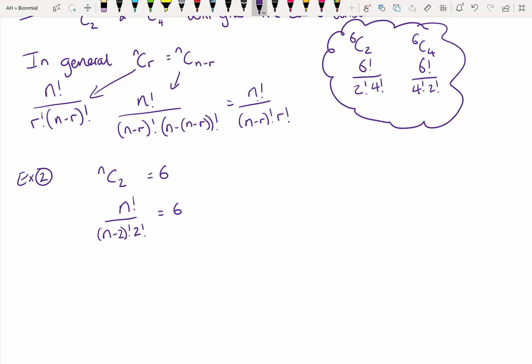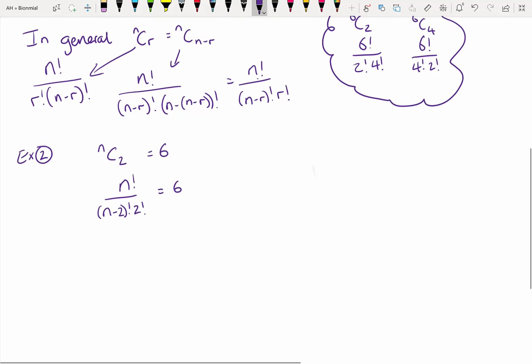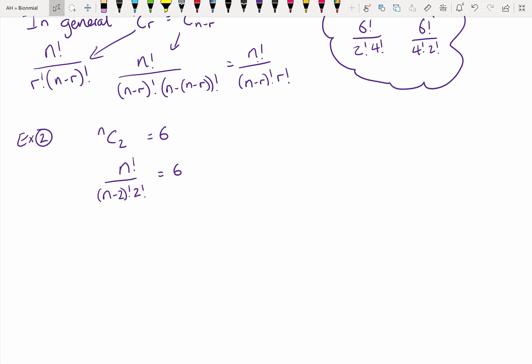My goal here is to simplify my fraction down a bit. Looking back to our factorial work, the n factorial on the top is the same as n times n minus 1 times n minus 2 factorial, all over n minus 2 factorial, 2 factorial.